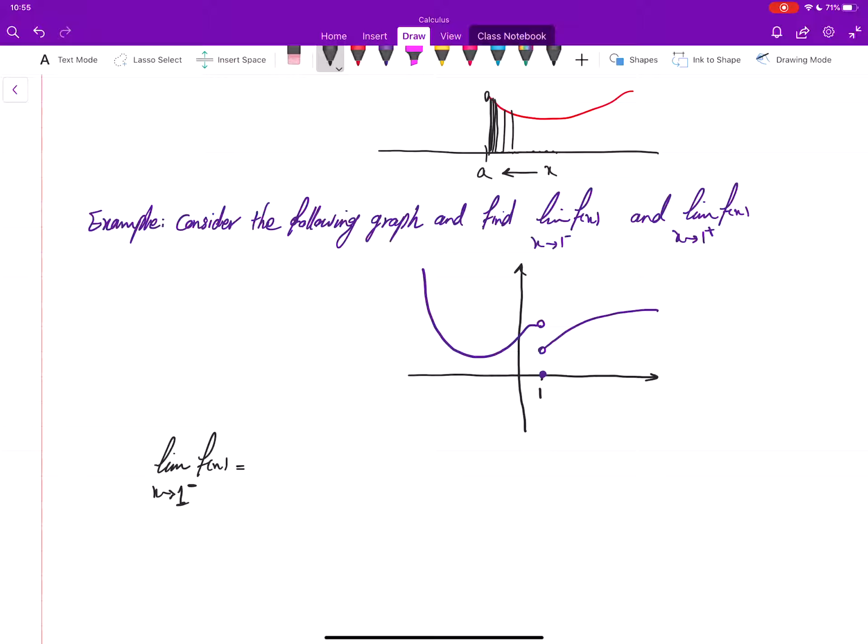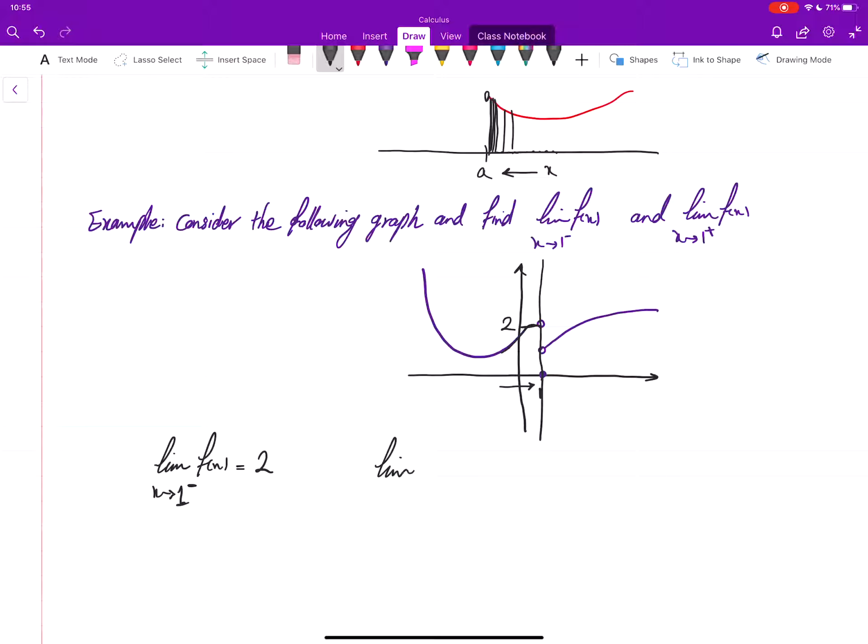That negative sign means the left. It means that you ignore the graph of the function to the right of this line and just look at this piece. As x gets closer to 1 from the left, the graph approaches 2. So this gives us 2.